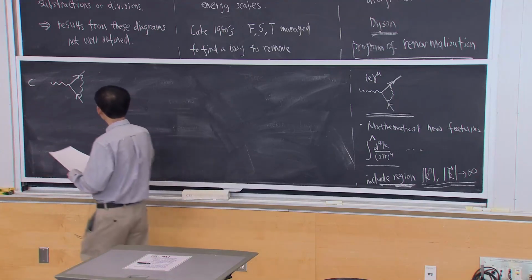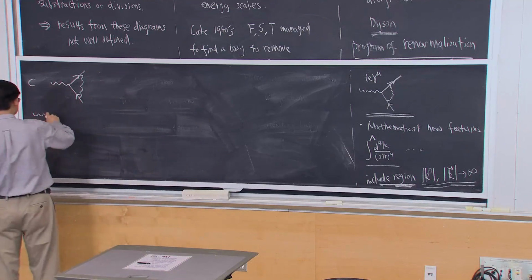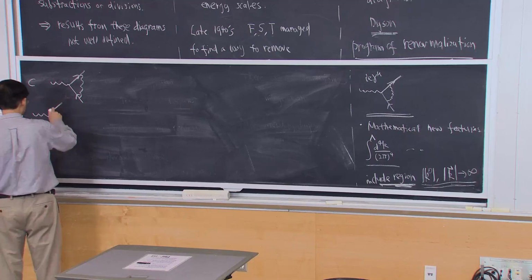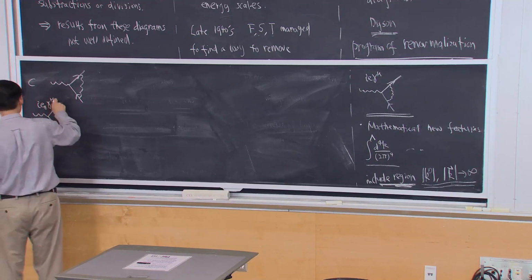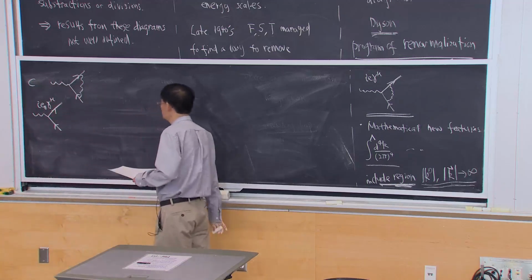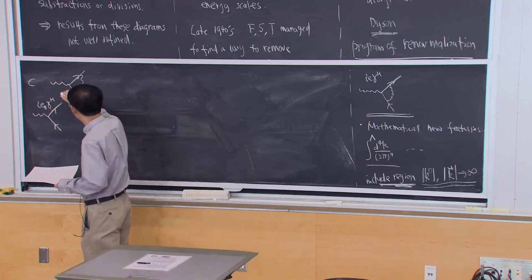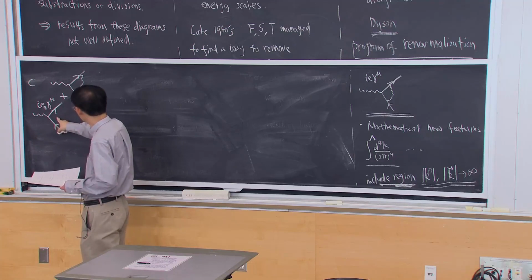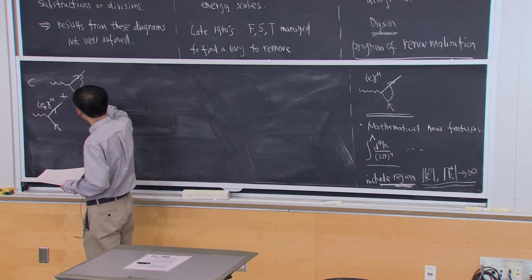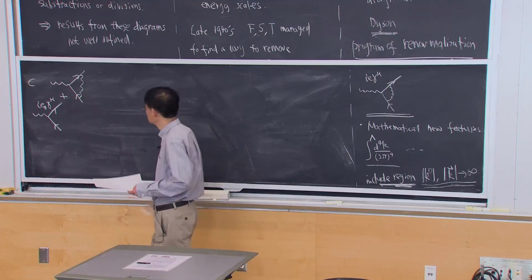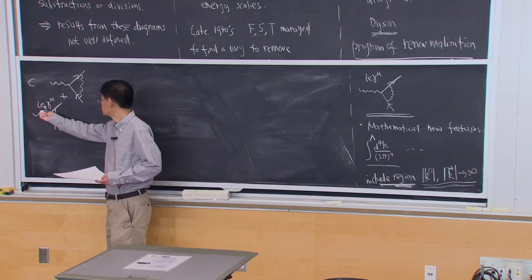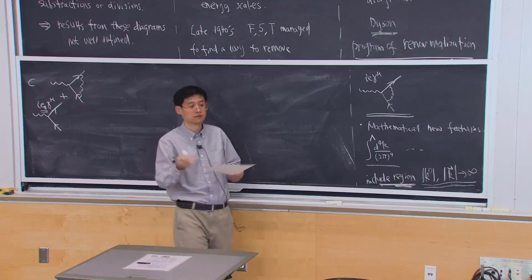Remember, if you just have the original one, here is just i e_B gamma mu. This is the tree level one, and at one loop level you can add such a thing. When you add such a thing and then renormalize the charge, the charge gets changed.